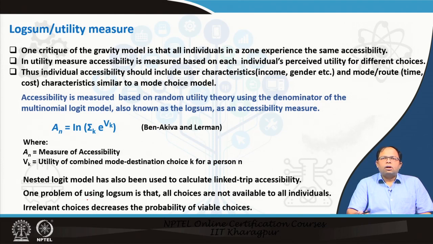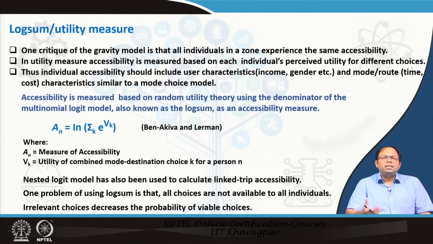But actually it is not so. Different people experience accessibility in different ways. So in the utility measure, accessibility is measured based on each individual's perceived utility for different choices. Now we have not discussed what the utility of a particular mode is, or the concept of utility. We will cover that in detail in the next module.